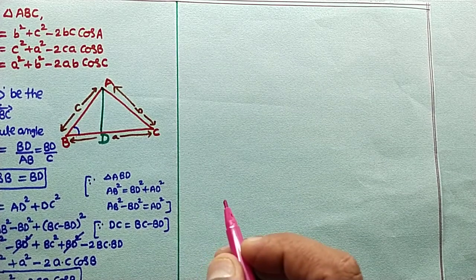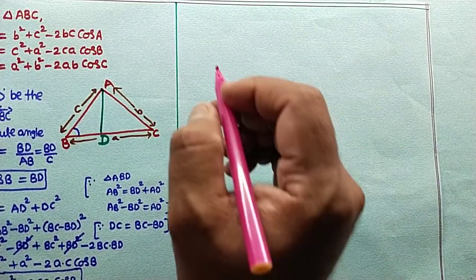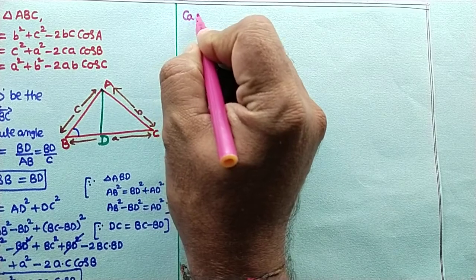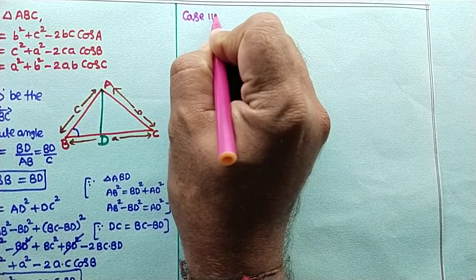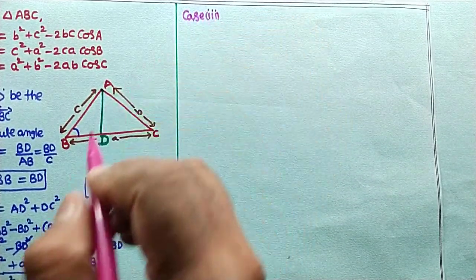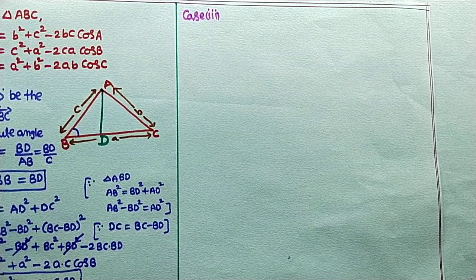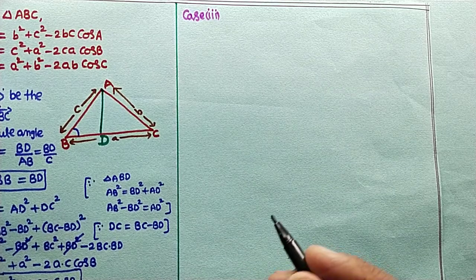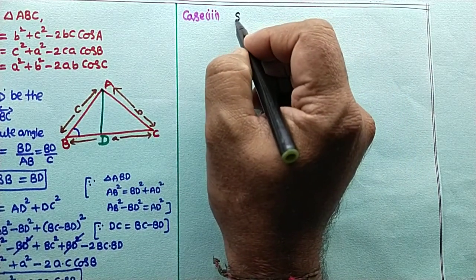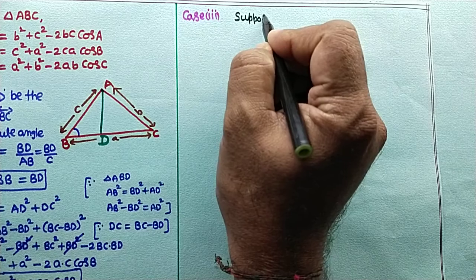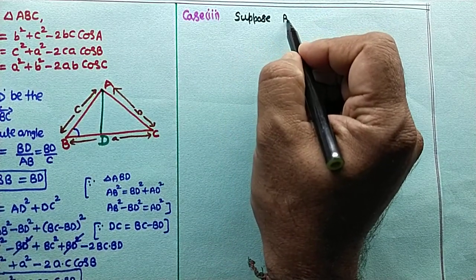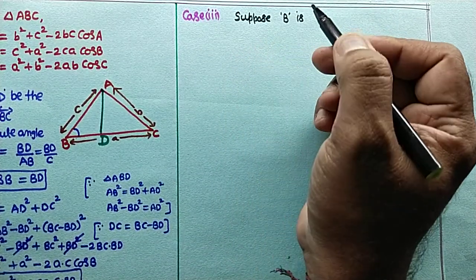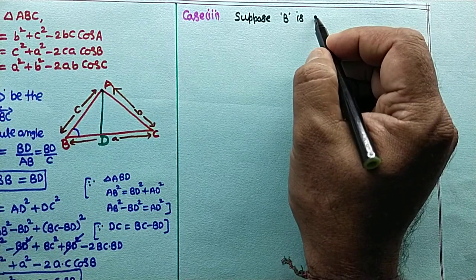Now, we are discussing case 3. In case 3, suppose the angle B is an obtuse angle.